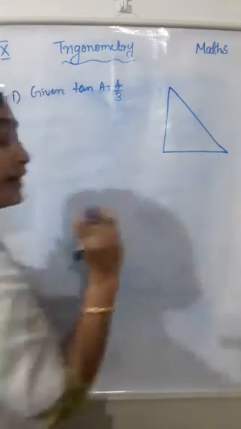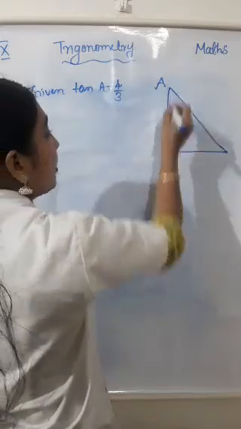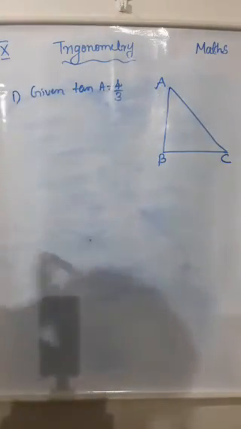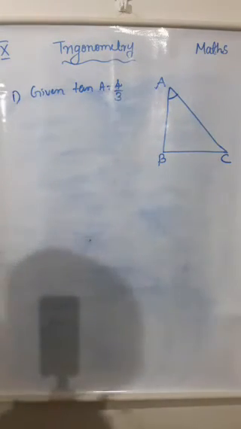Here A is an acute angle. Name the triangle A, B, C. Okay.